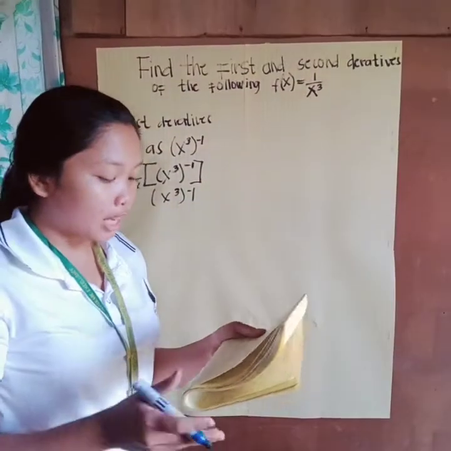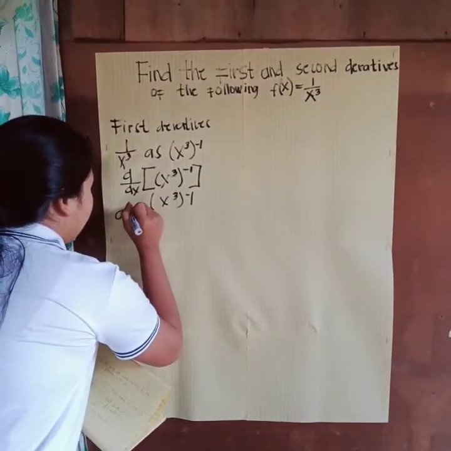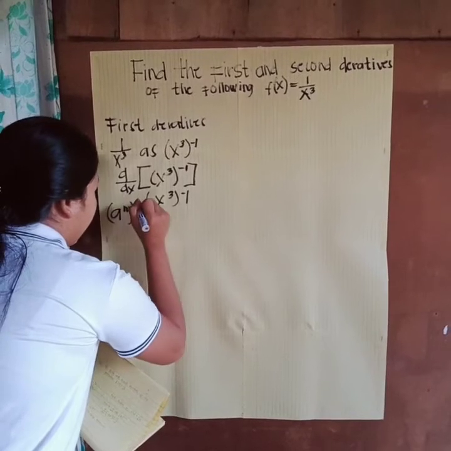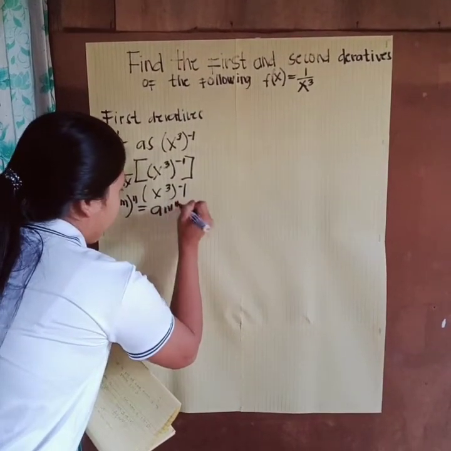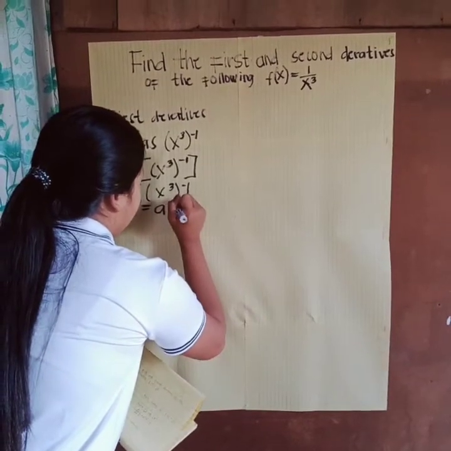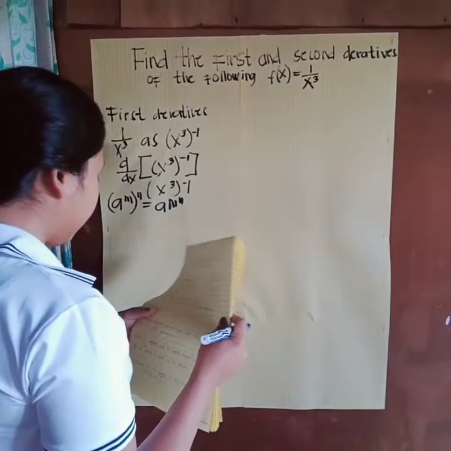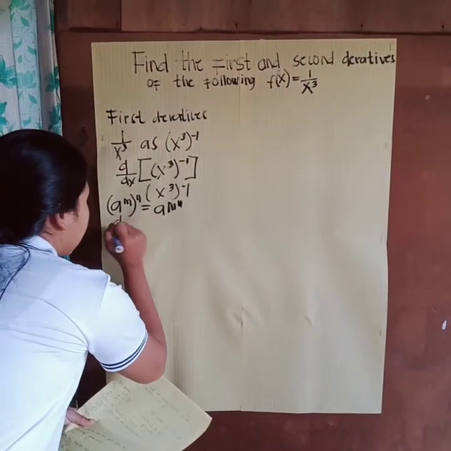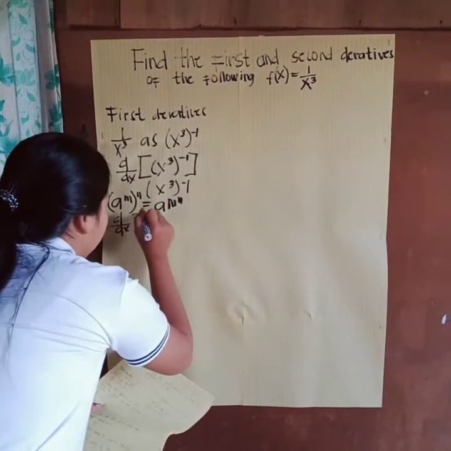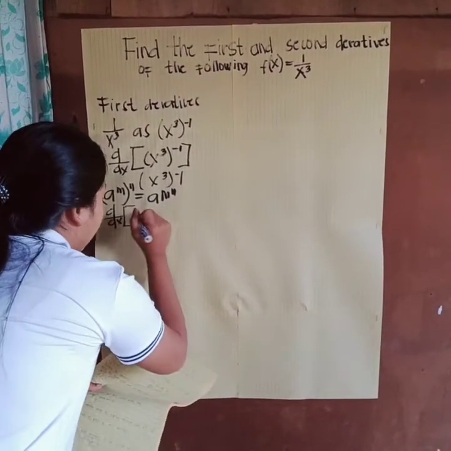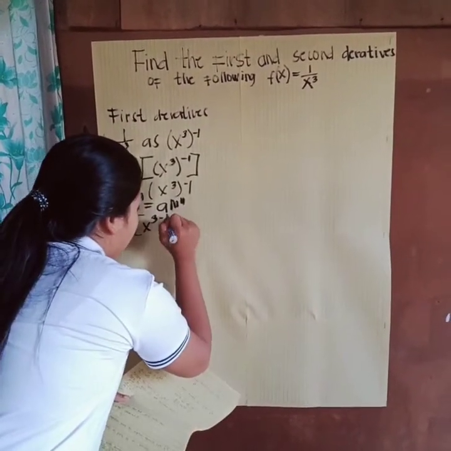Apply the power rule and multiply exponents: (a^m)^n is equal to a^(mn). So d over dx of x to the 3 times negative 1.